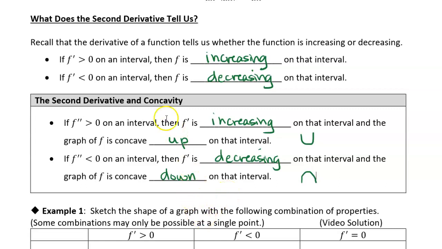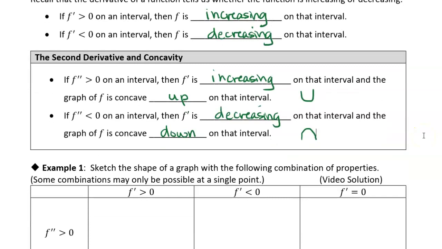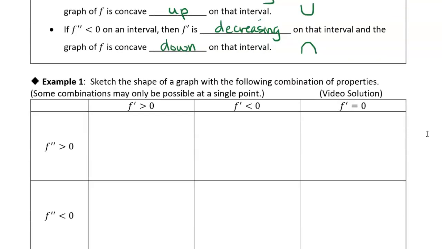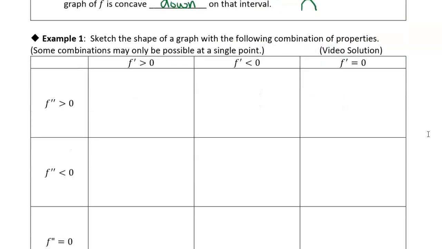So let's go ahead and take a look at example 1. In example 1, we're just looking at the sign of the first derivative and the second derivative, and we want to try to sketch the shape of the graphs of those functions. I don't even have any axes on this.